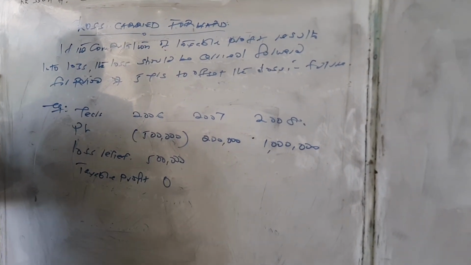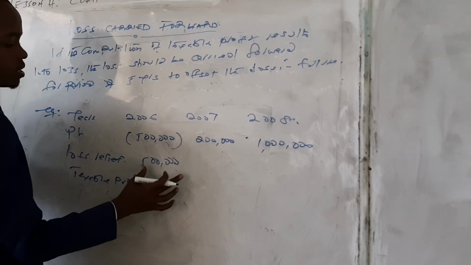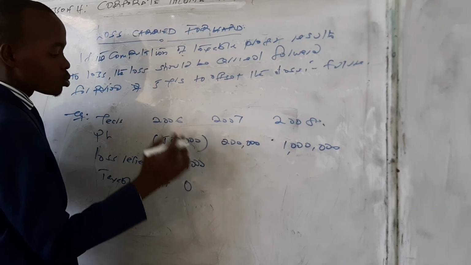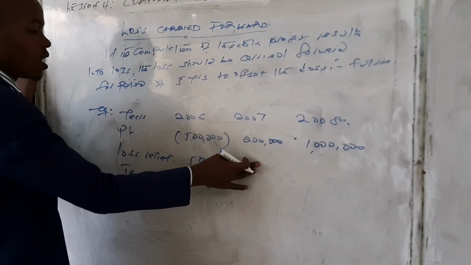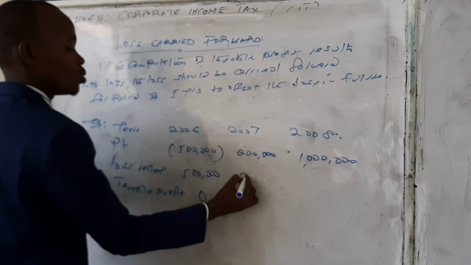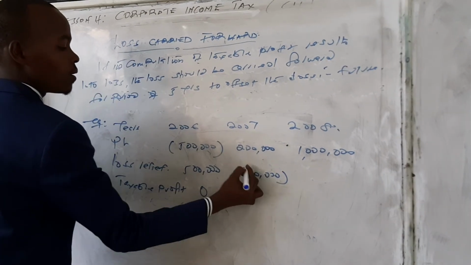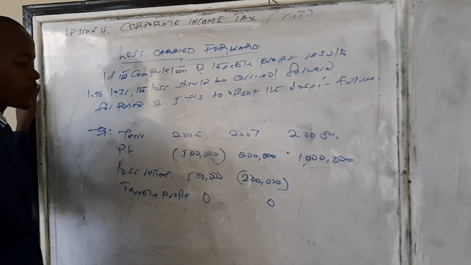When you take this 500, it should be carried forward to the next year as a loss, and it cannot all be offset. So you need to take 200 here. So you also get 0.